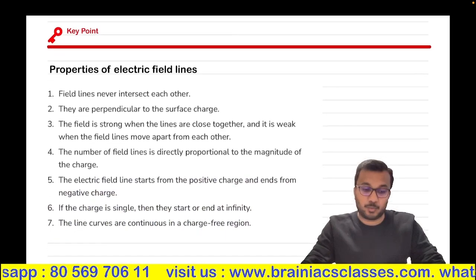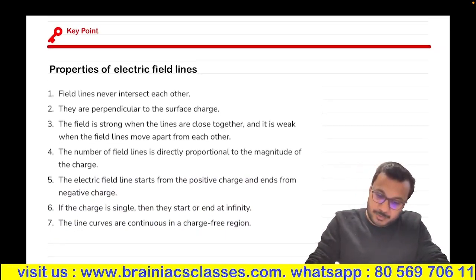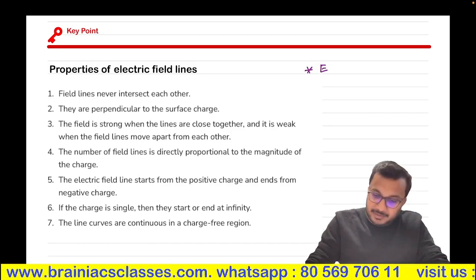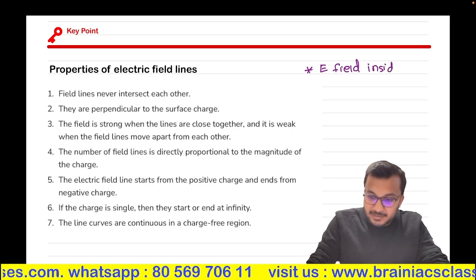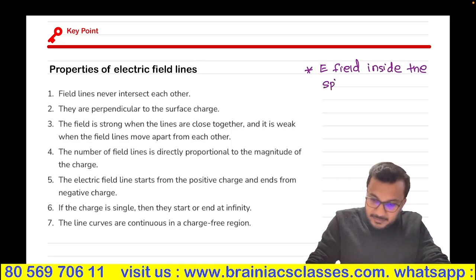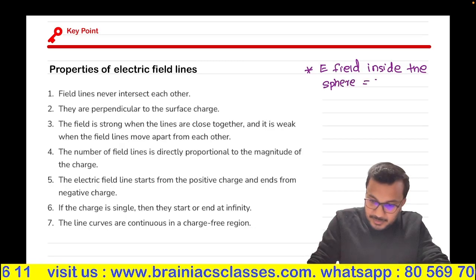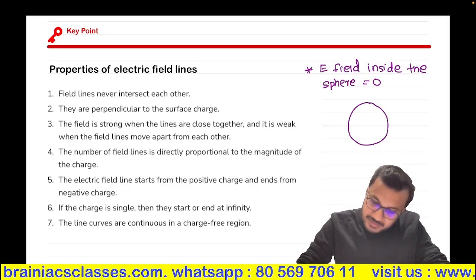So we will add one more additional point here. What is the point? Electric field inside the sphere equal to 0. Let's have a small diagram also to understand the background.